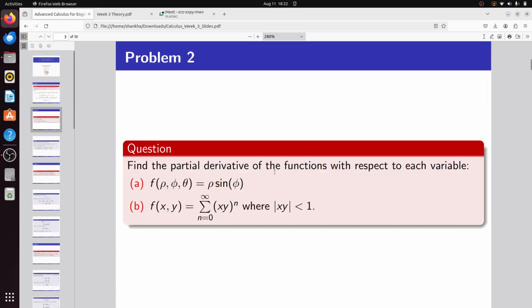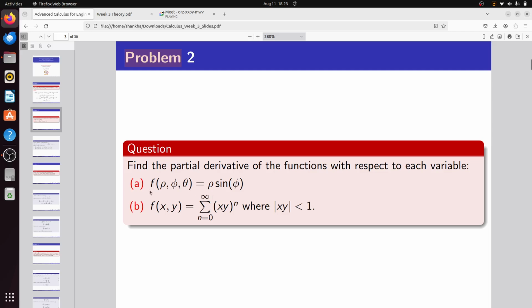Okay. Now find the partial derivative of the functions with respect to each variable. So what is this first problem? This is a function of rho, phi and theta. What is the function? Rho into sin phi. So you can calculate very easily.